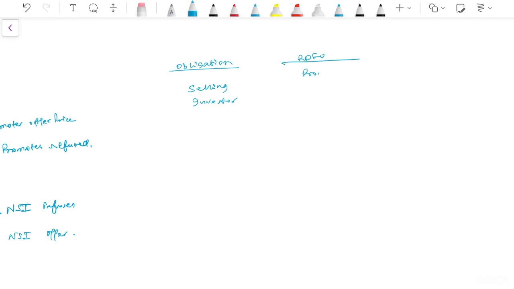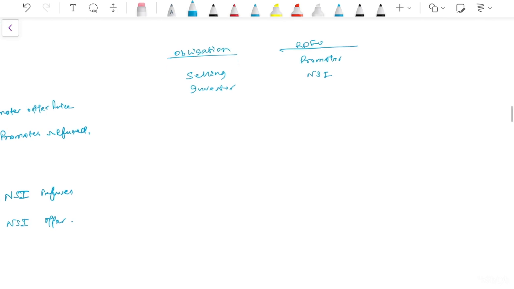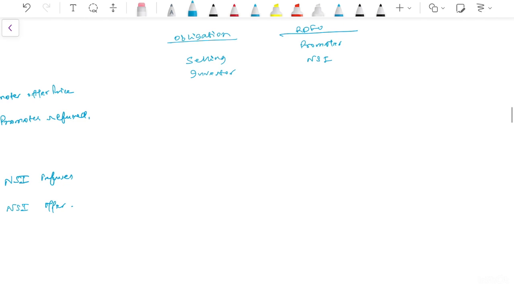It is available with the promoter and the non-selling investor, and these two come in before the third-party buyer. Now understand that this is not a hard clause as such. That means you can actually negotiate who would be obligated to ROFO and who would have the right to ROFO. I have seen term sheets wherein the promoters do not have a ROFO.